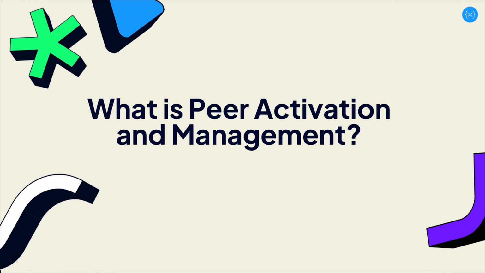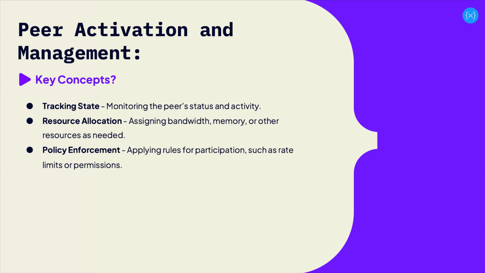The next section is peer activation and management. After a successful handshake, the connection is activated. The peer is now a fully participating member in the overlay, and the management now involves tracking state, so monitoring the peer's status and activity; resource allocation, assigning bandwidth or memory to other resources as needed; and policy enforcement, applying rules for participation such as rate limits or permissions.